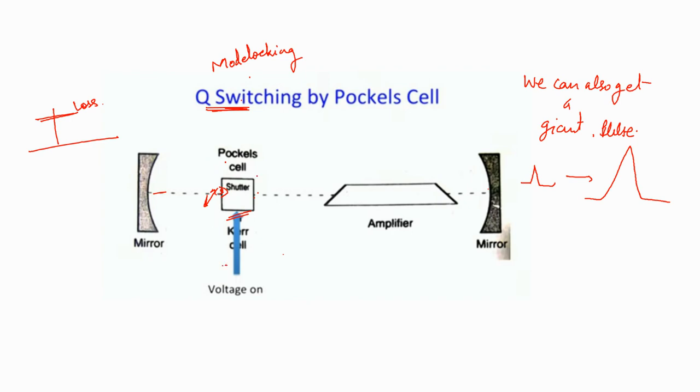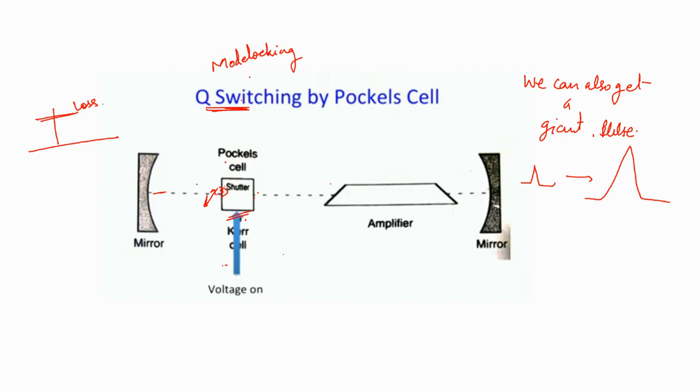Now one more thing: how does this focal cell work? The first case is when the voltage is off. If the voltage is off, the focal cell simply works as a refracting medium. Our light passes through this focal cell, and it does not get polarized, or change in the polarization does not occur.